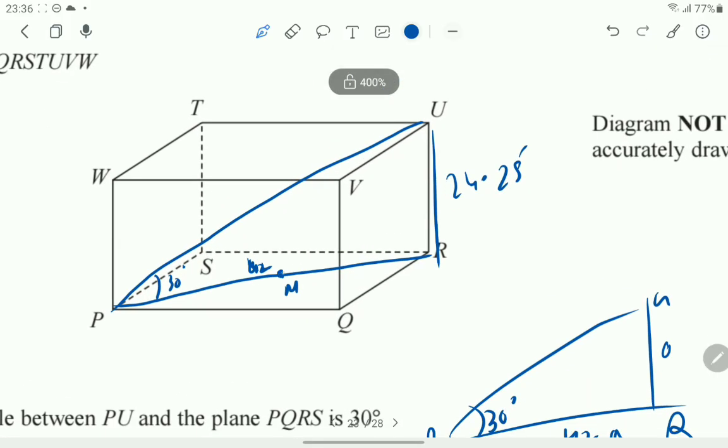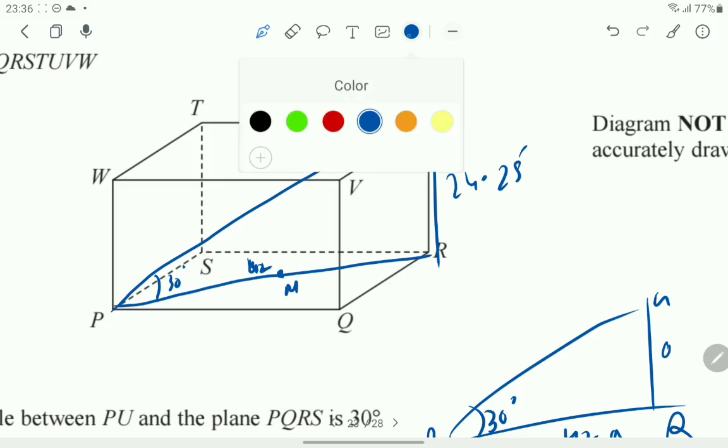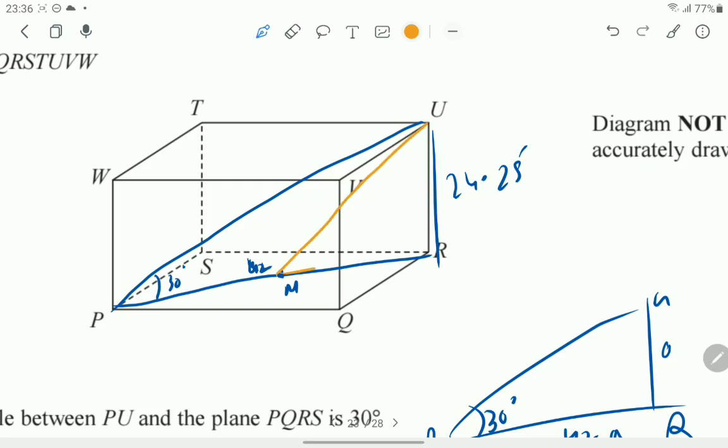And so now that we know that M is the midpoint and this whole length is 42, if I draw a line here, this is equally divided, so this is 21 and I know this is 42 tan 30 or 24.25, and this angle is what I'm interested in.